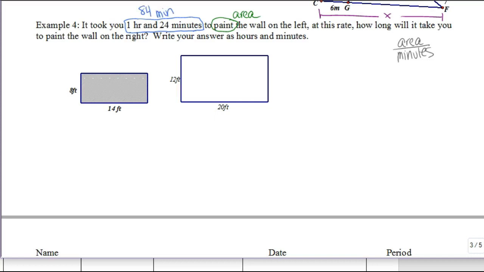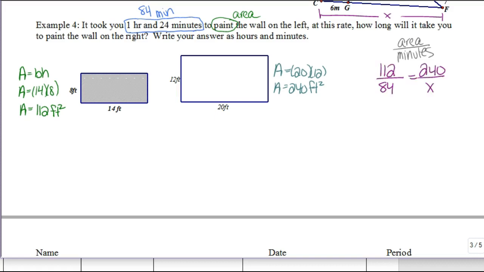And because we're going to be comparing areas, let's find the area of each of those walls. So now I'm going to set a proportion comparing my area to minutes ratio.